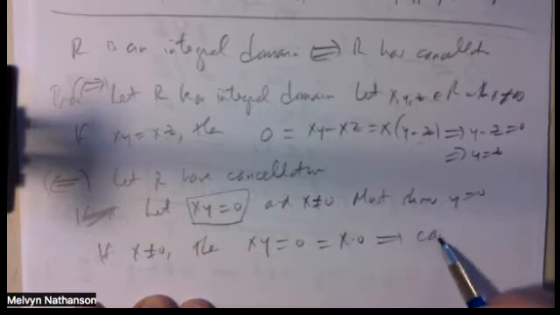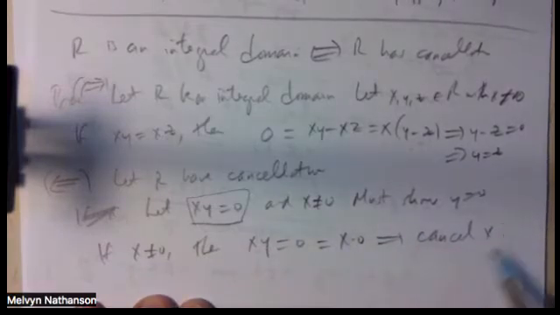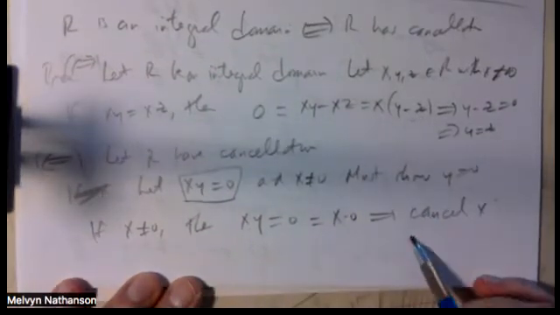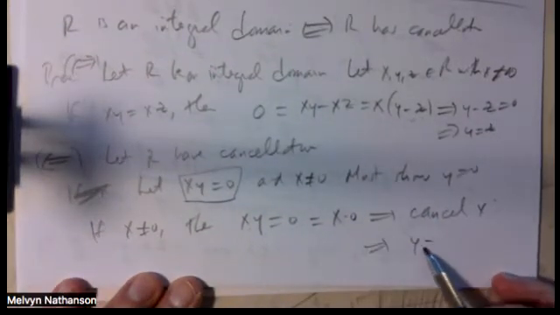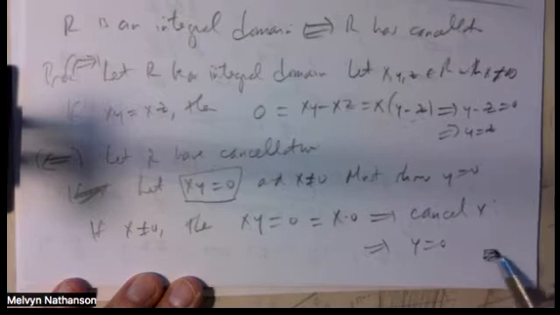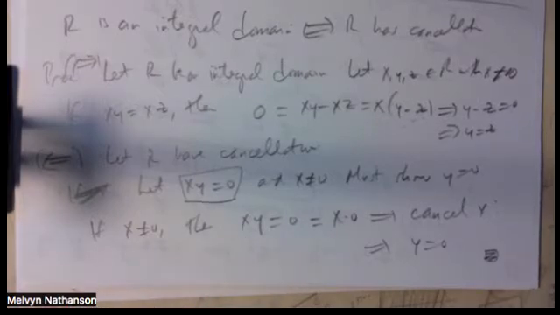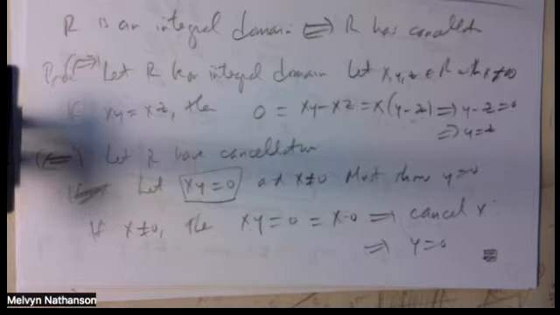So you can cancel the X. And when you cancel the X, you get Y equals 0. So R has to be an integral domain. So in a commutative ring, this property of being an integral domain is equivalent to the ring having this cancellation property. And that is a useful fact.